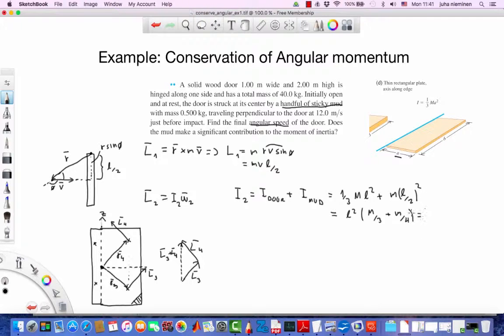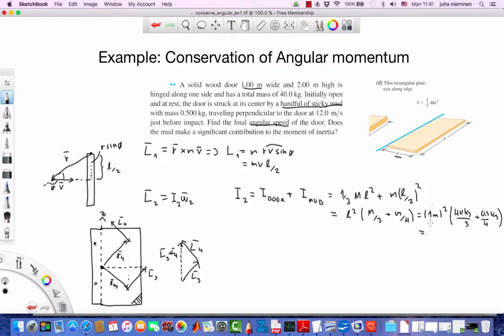So the width of the door is 1 meter squared. Door is 40 kg divided by 3, and the mud is half a kilogram divided by 4.